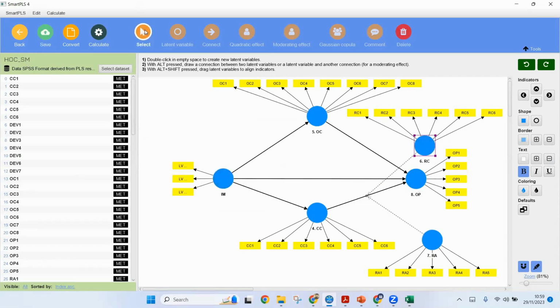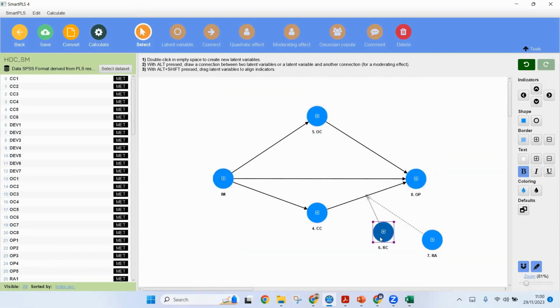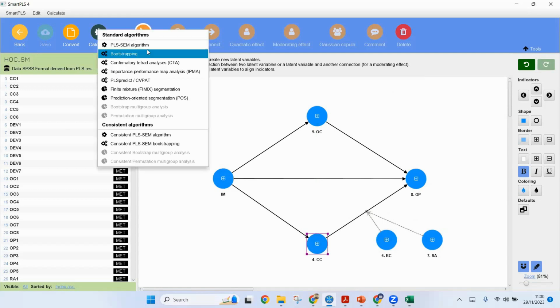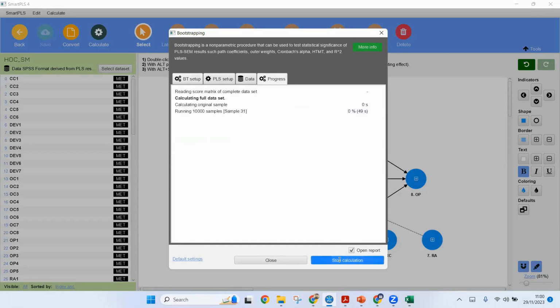Let me select all, Alt X. Now, the indicators are gone because we are not interested in the indicators when we are assessing the structural path. Save, calculate. Let's make it 10,000. Press start.